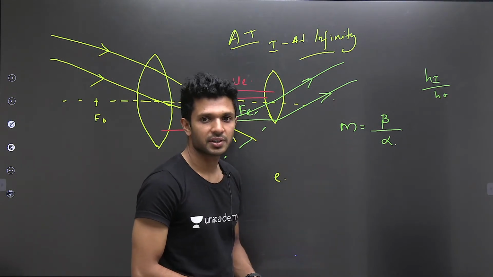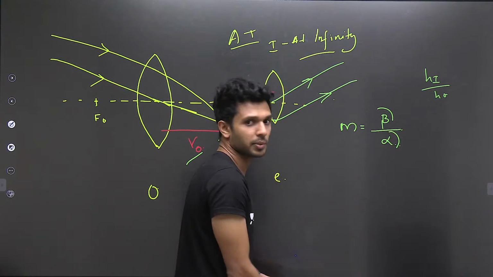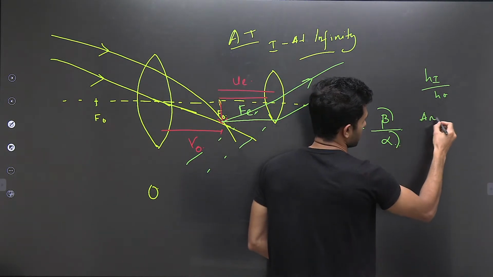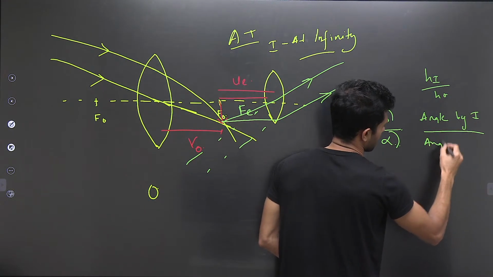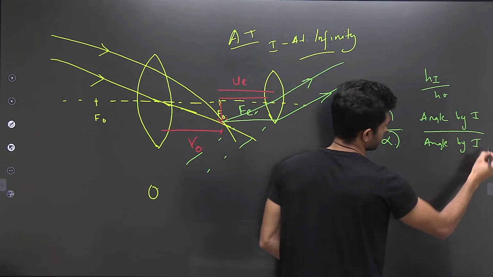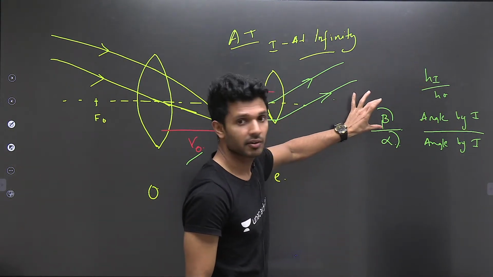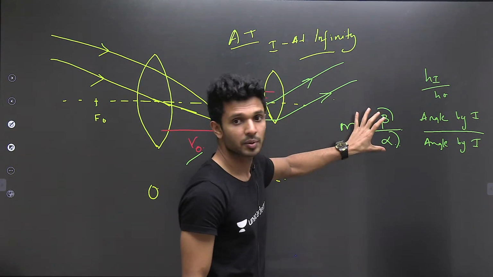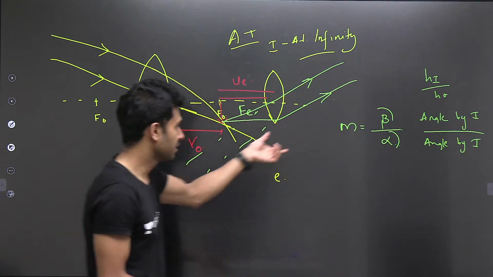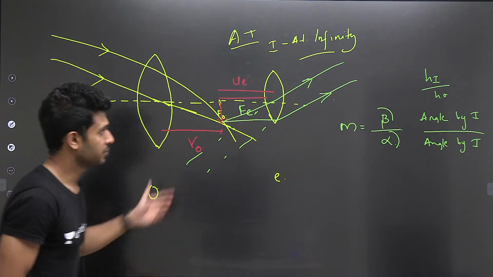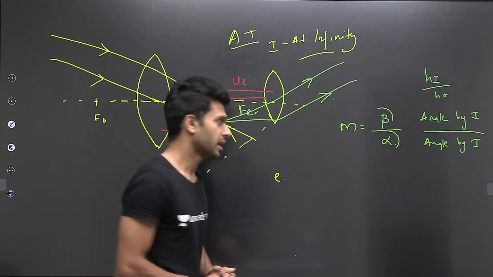If you want me to write, beta is angle by image by angle by object. The reason why we take angle is that if the height is more, the angle will also be more, which means these are directly proportional. So instead of finding this, we are finding out angle, because the final image is formed at infinity, and it is impossible to find the magnification by using the direct formula of height of the image by height of the object.